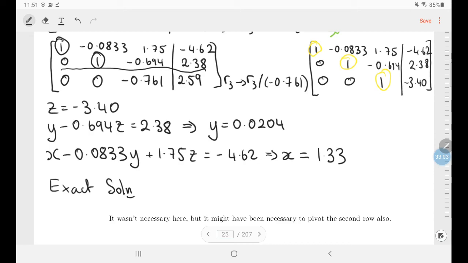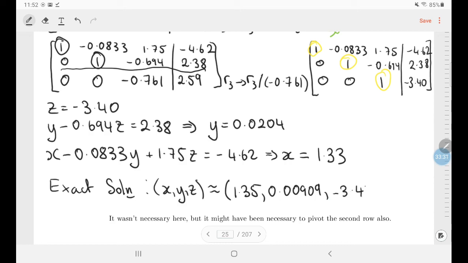They're in fractions, but I can round them. So the exact solution x, y, z to three significant figures is 1.35. That's actually exact. Then y is actually a fraction, but it's coming out as 0.00909. And the z is coming out as minus 3.41.